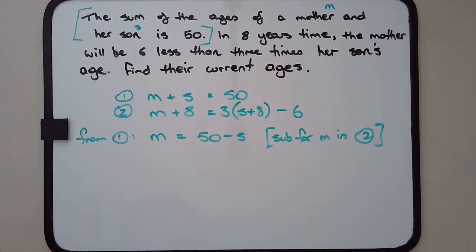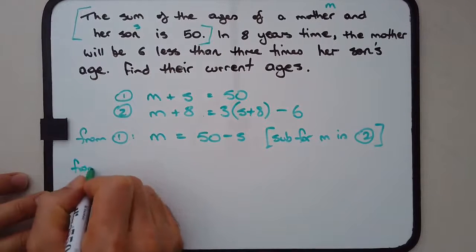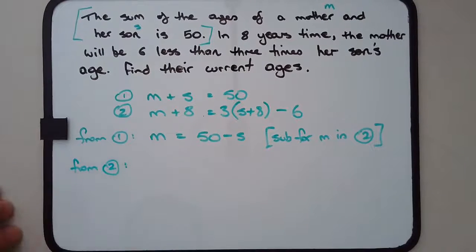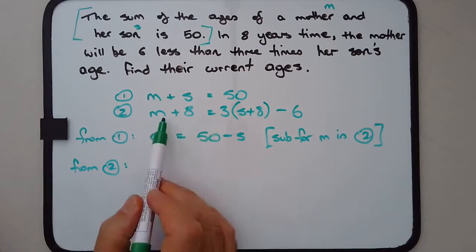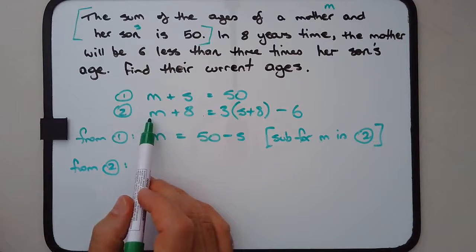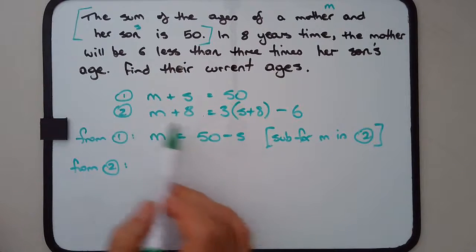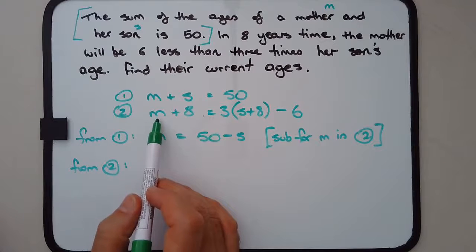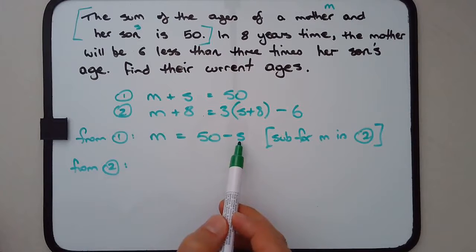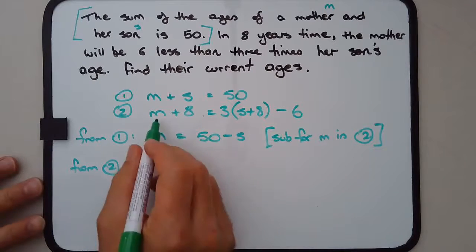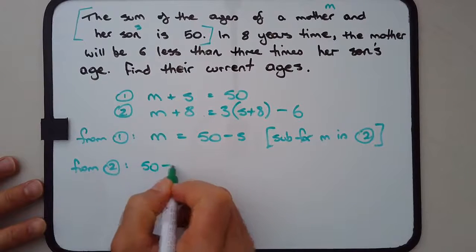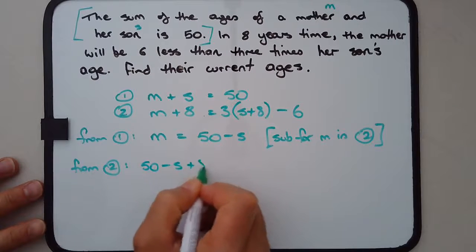All right, so from 2, M plus 8. We're going to replace the M with the equivalent in terms of S. So what's equivalent to M? 50 minus S, isn't it? So rather than writing M, I'm going to write 50 minus S plus 8.